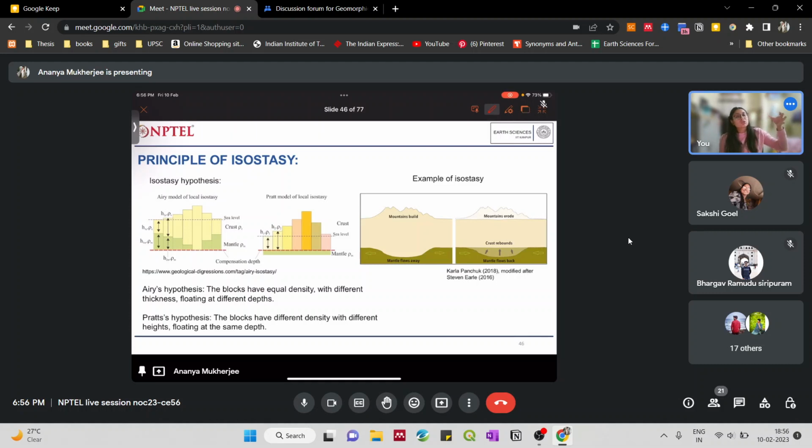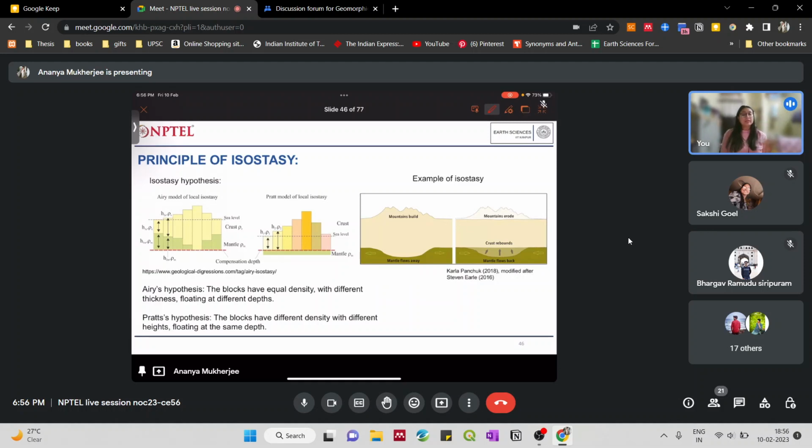More and more material is coming over there because of the collision, and the plates are still moving, so the material is rising. Though the material is rising, there needs to be an equivalent amount of material underneath the Himalayas to support the weight of the Himalayas on top of the surface.